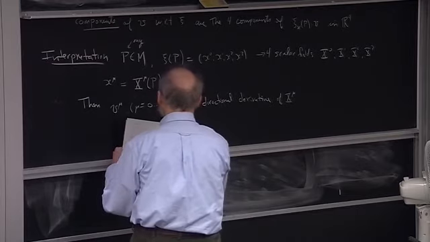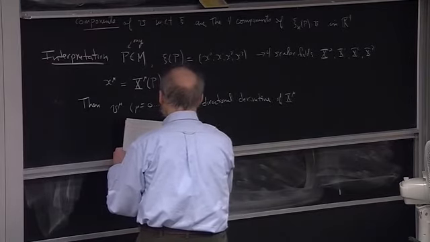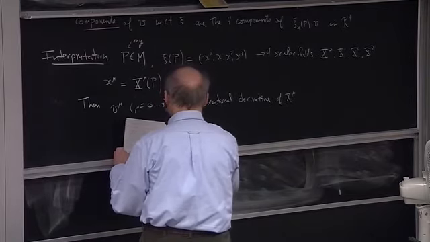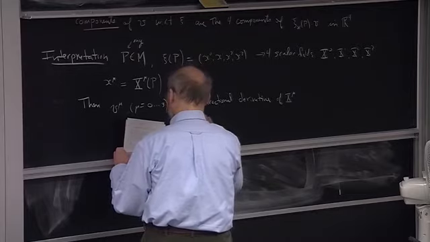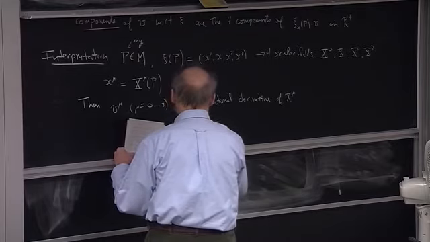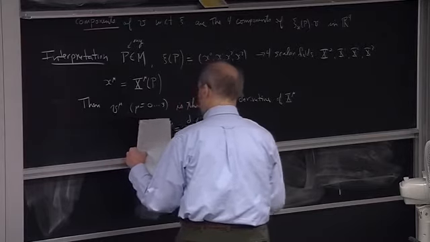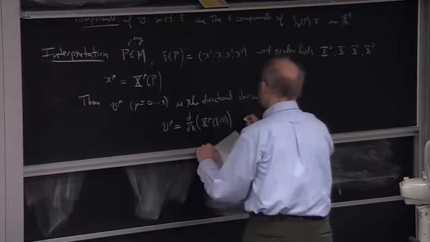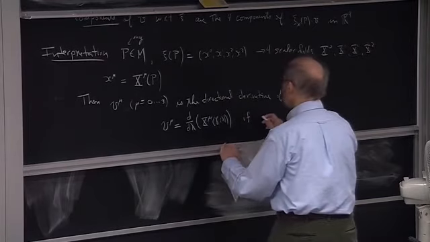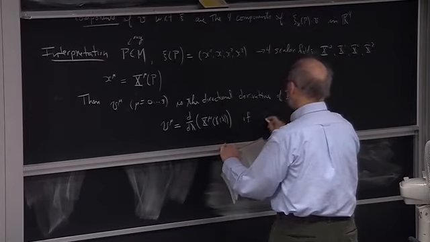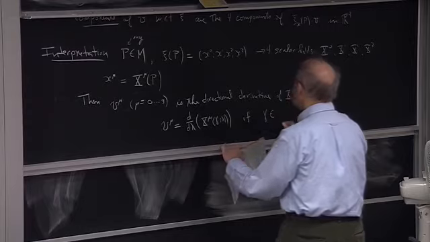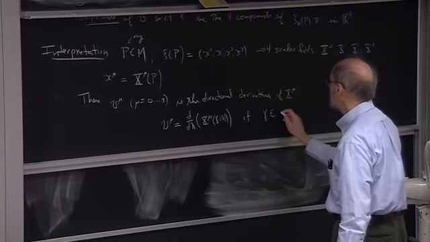In other words, B mu is equal to d by d lambda of x mu of gamma of lambda, if gamma belongs to the equivalence class that defines v.